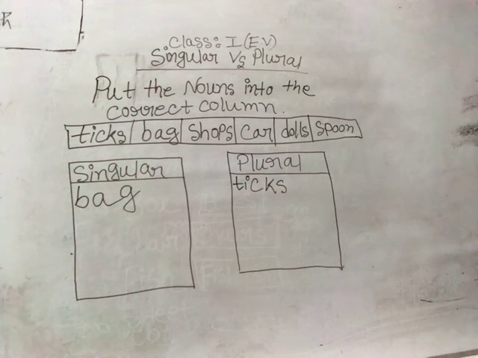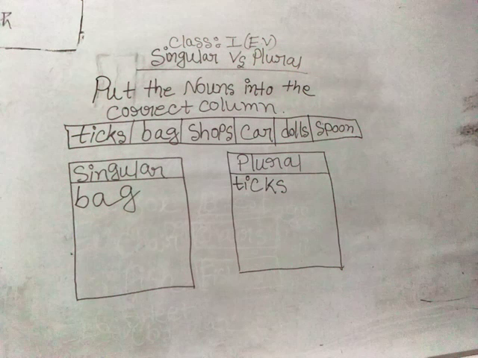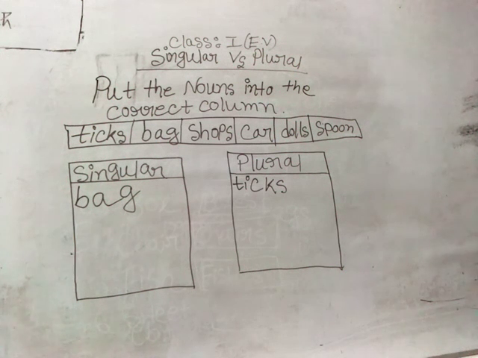So what if S is absent from shops? Then it should be in the singular. I wanted to make you understand that if you can pronounce an extra S just after the specific word, then it should be placed into the plural column.